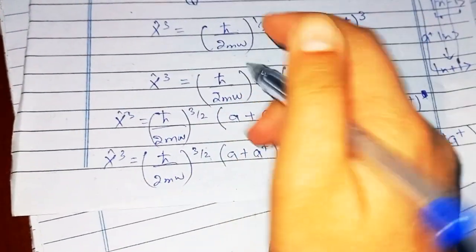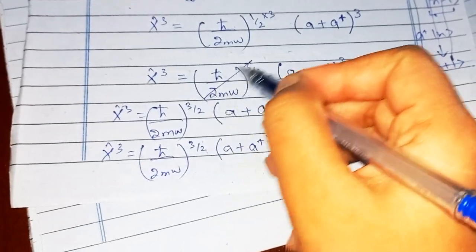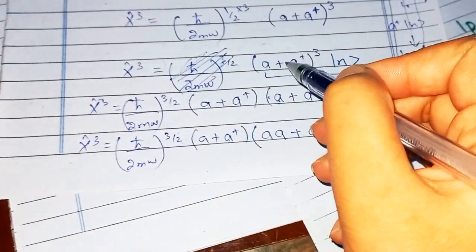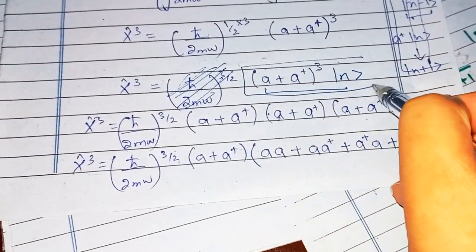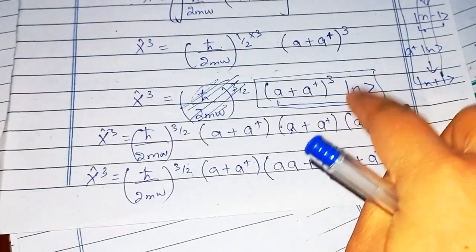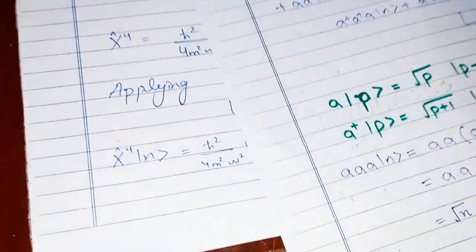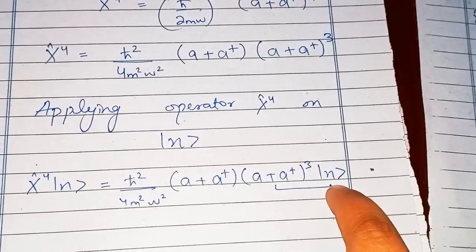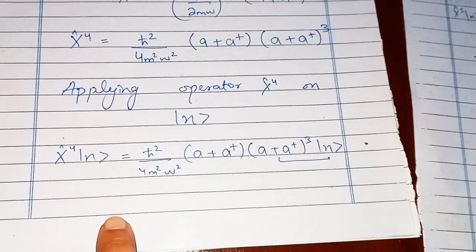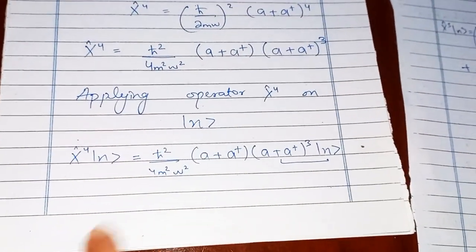Other than this one part, which we do not need, all the result that we got for this thing we can write here directly. So I am going to use that result here.